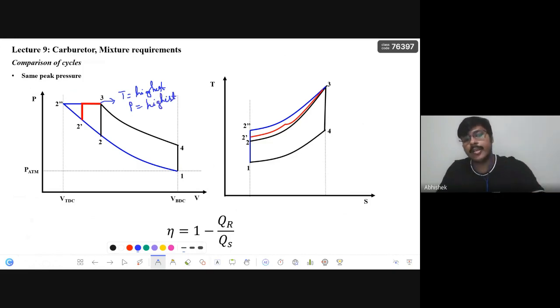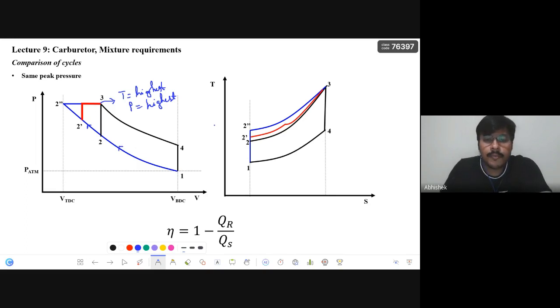But to reach 3, you can see that the Otto cycle has to go through 2 different processes, from 1 to 2, then from 2 to 3. But the diesel cycle reaches that same point in its compression stroke, from 1 to 2 double dash, in the one process.